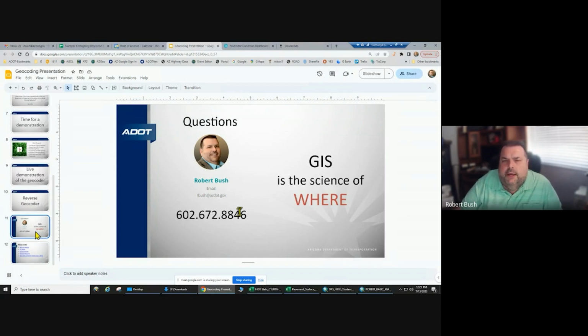If you're interested in doing something or have more questions, reach out and see what we can do with your data. Once you geocode your data, it opens up a plethora of other information. My last story is pavement. We worked with the pavement team. They had this awesome data set, but it was all tabular and wasn't geospatial.